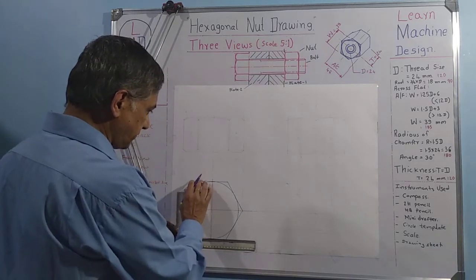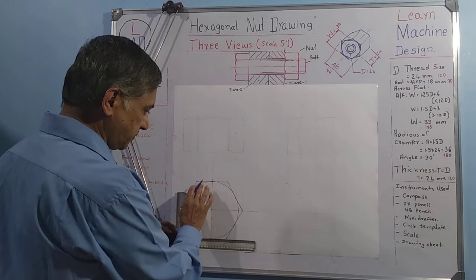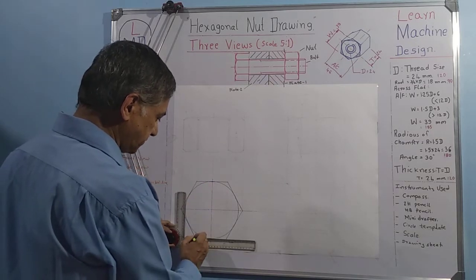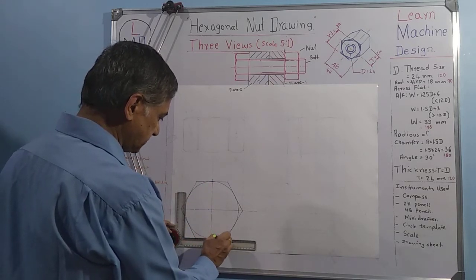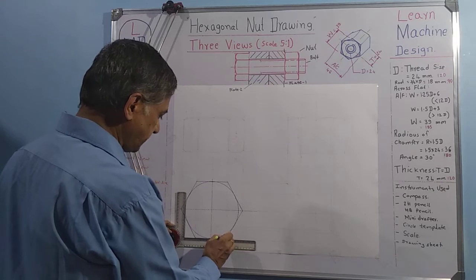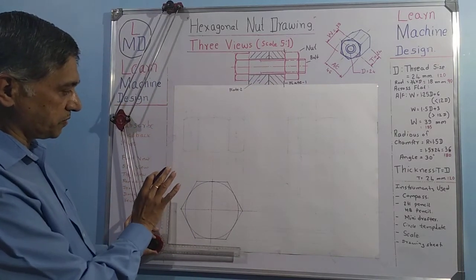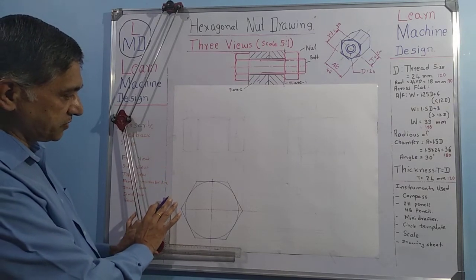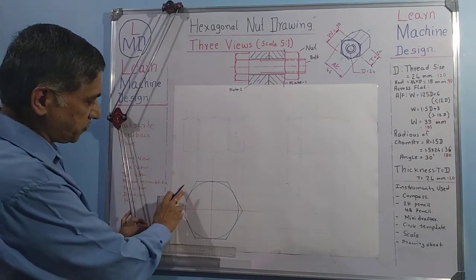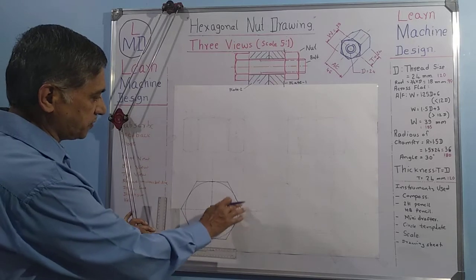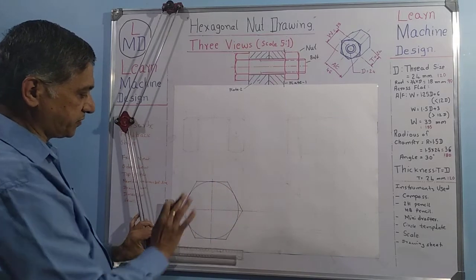The same way we have to draw the bottom line also. Now the nut front face is ready, having 1, 2, 3, 4, 5, 6 faces.